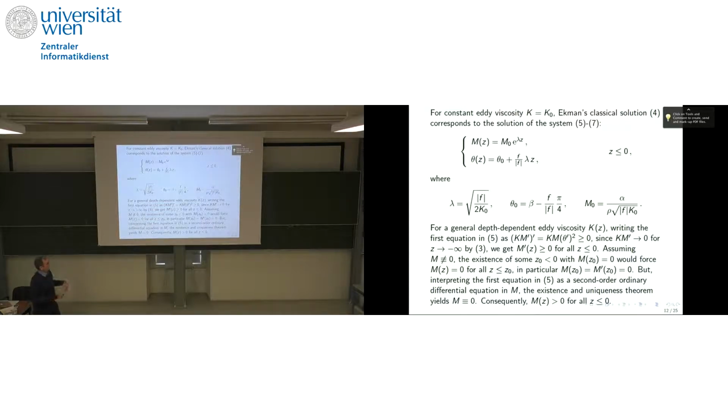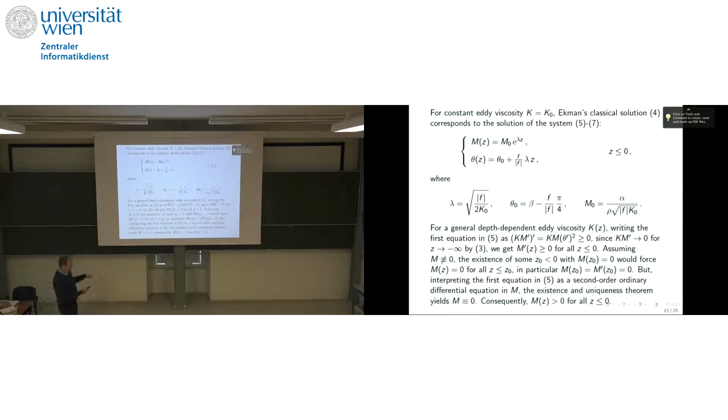The polar coordinates give you automatically the fact that M decreases as you increase the depth. And now I want to show that it's always strictly positive, because if there were a value where it's 0, because it's always positive, then below this Z0, it will always be 0. This is the monotonicity. And because it is 0, at this Z0, if you come from below, you will have M and M prime 0.